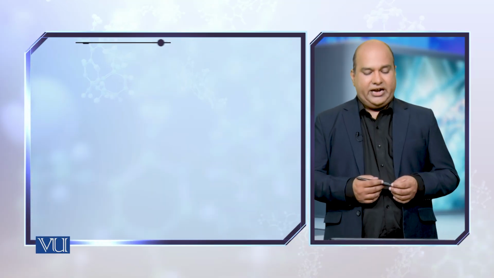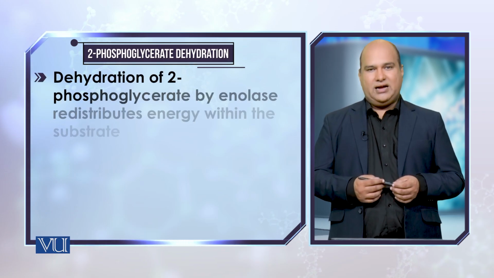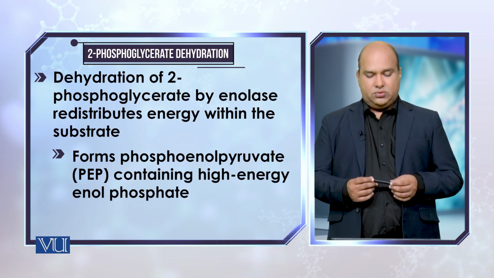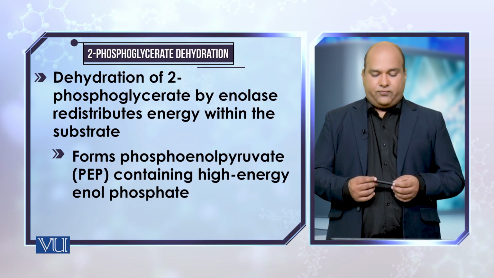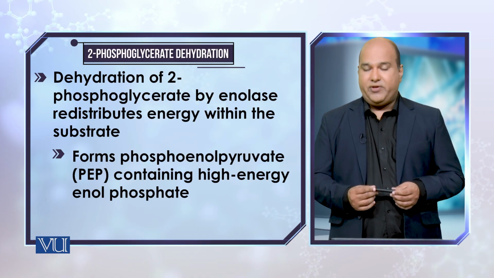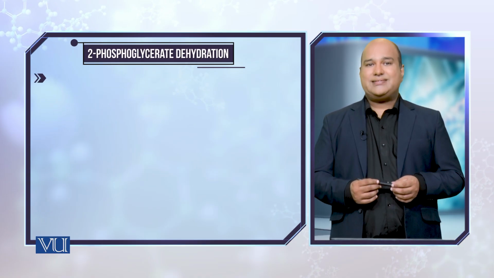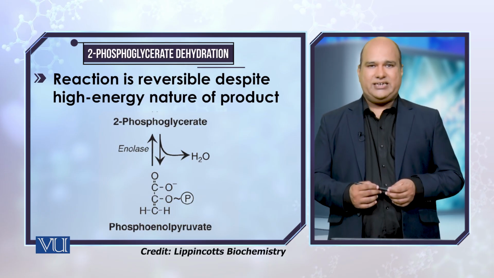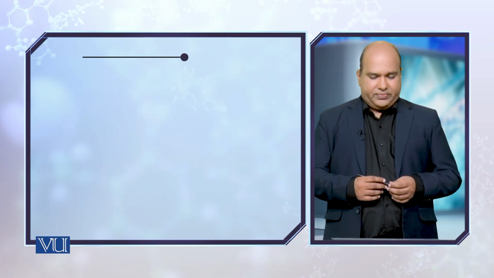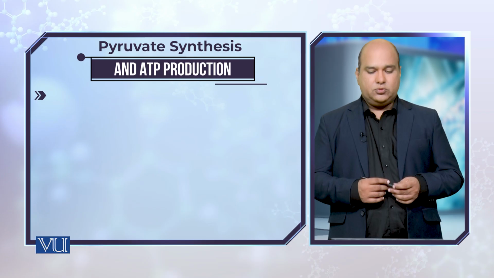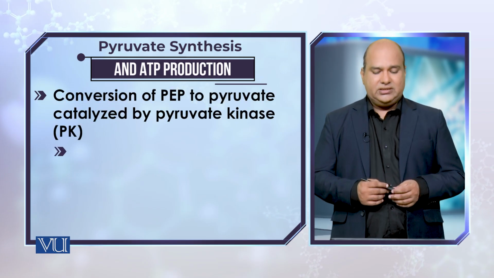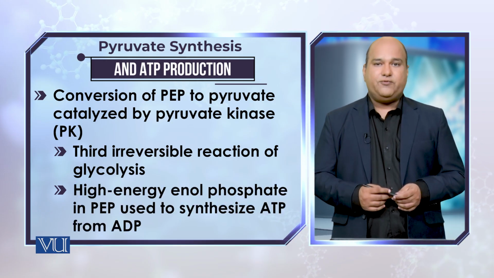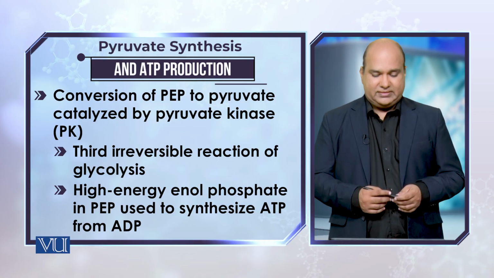Then dehydration of 2-phosphoglycerate occurs, another very important reaction, because it gives rise to phosphoenol pyruvate, a very high energy compound, and this high energy will be used in the formation of ATP in the succeeding reactions. Now, in this succeeding reaction, phosphoenol pyruvate is converted into pyruvate, the final product of glycolysis.